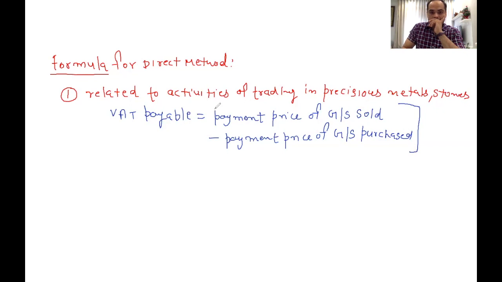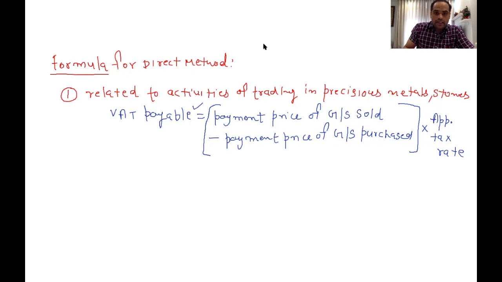Once we subtract purchases from sales, we multiply by the applicable tax rates. So whatever amount we get, that will be payable in relation to precious metals or any kinds of stones and things, right?